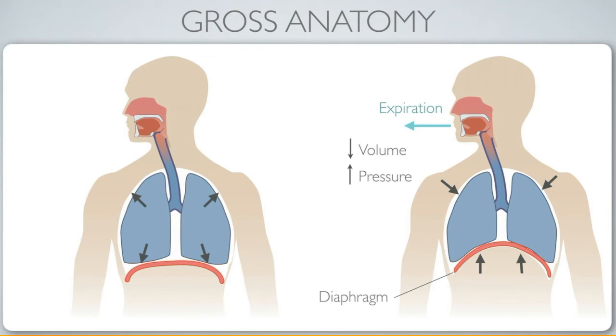That increase in volume drops the air pressure inside of the lungs, and air, just like blood, will move to wherever there's lower pressure. So if the air inside of the alveoli, inside of the lungs, is low, that's going to draw air into the mouth, and it will fill up those spaces inside of the lungs.